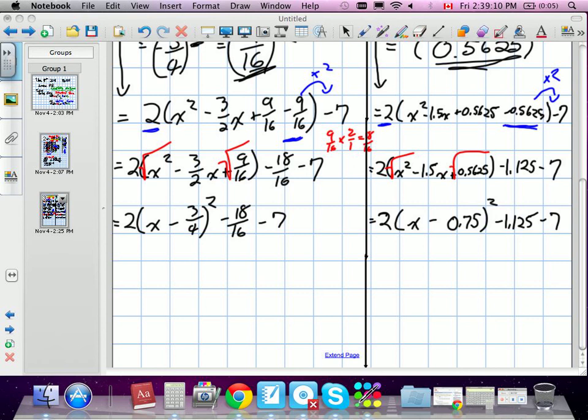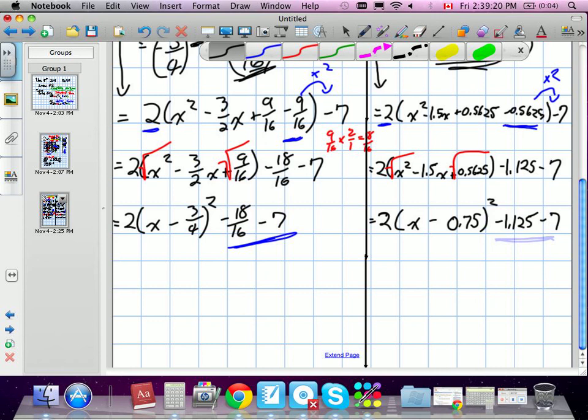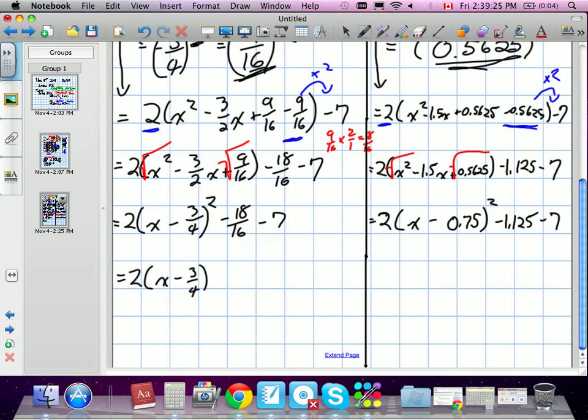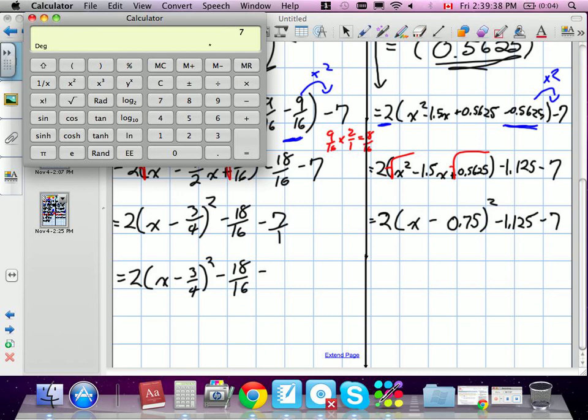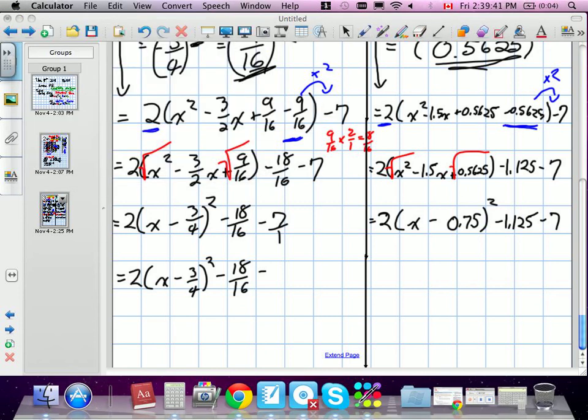Now, the one good thing about being in decimal form is our k value of the vertex form is going to be easy to evaluate. We're going to have a little trouble here because we're going to have to find a common denominator. Okay? So, we still have 2 times x minus 3 over 4, squared. Now, I need a common denominator of 16. So, I still have negative 18 over 16. I got to multiply 7 by 16. This is 112 over 16, so that I can subtract, because those are our fraction rules.